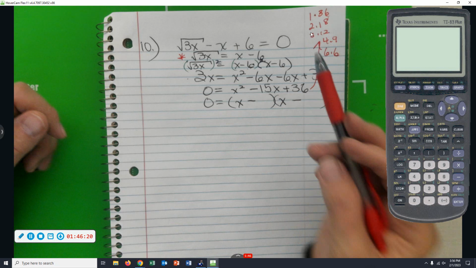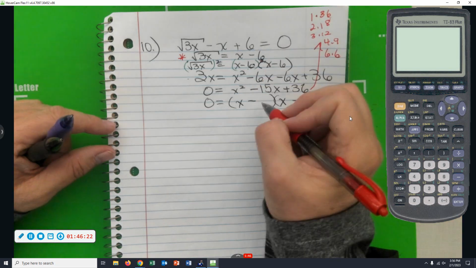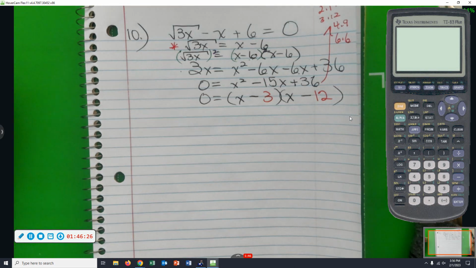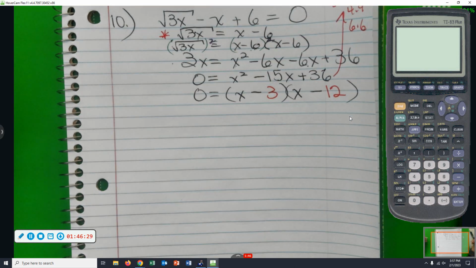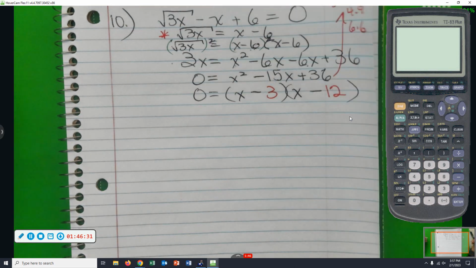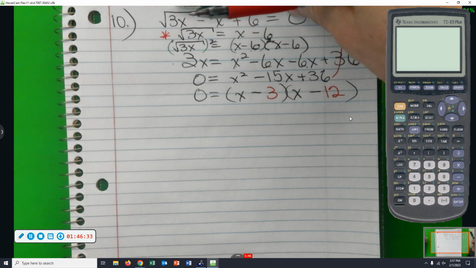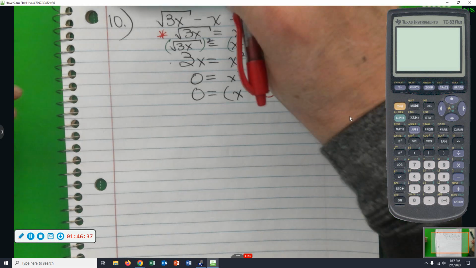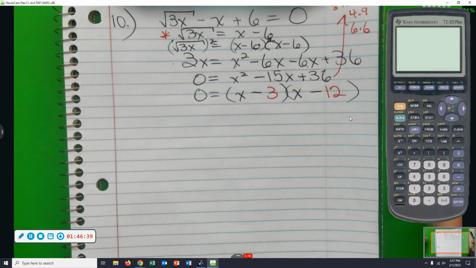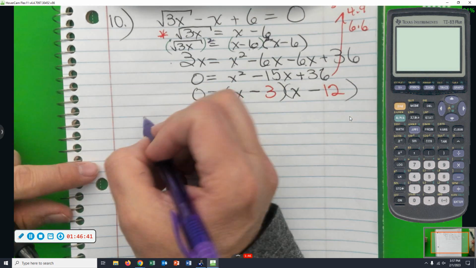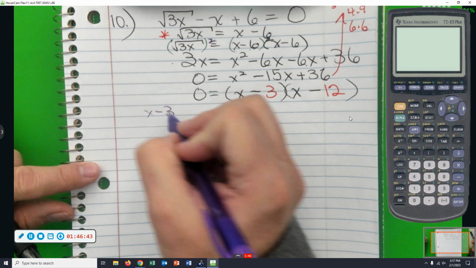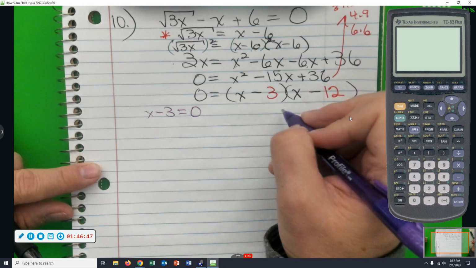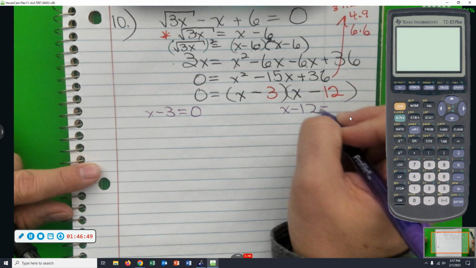I agree with the 12 and the 3. I'll leave you to check that yourself if you want to make sure that those are the correct numbers, but they are. Set each factor equal to 0. We get x minus 3 equals 0, or x minus 12 equals 0.